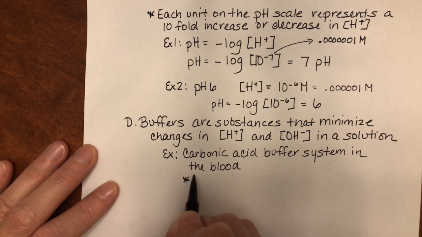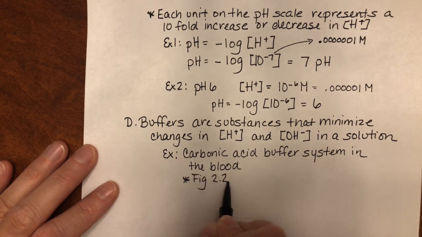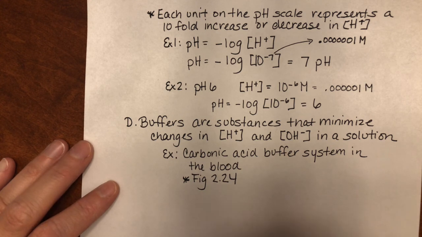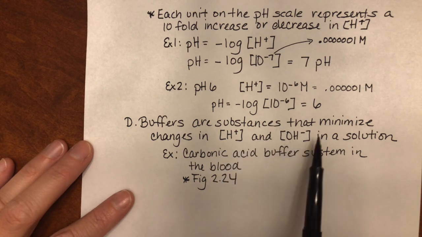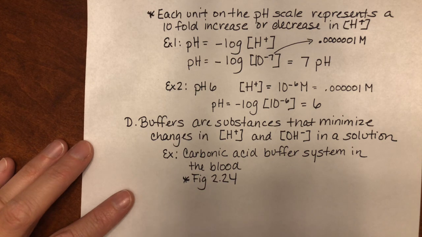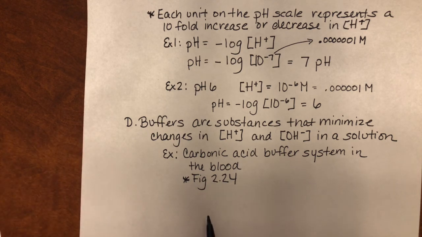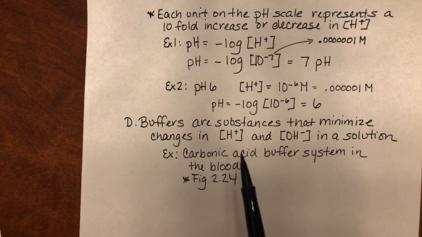And I'm going to put here that figure 2.24 shows that. We don't need to know the nitty-gritty of how it exactly works, but that there is a buffer system that works to buffer or resist changes in the hydrogen ion and hydroxide concentration, thereby keeping the pH roughly the same, so that we don't have adverse side effects from the increase or decrease in the hydrogen ion concentration.